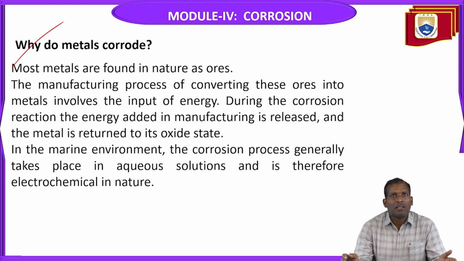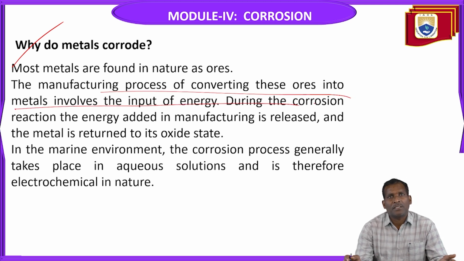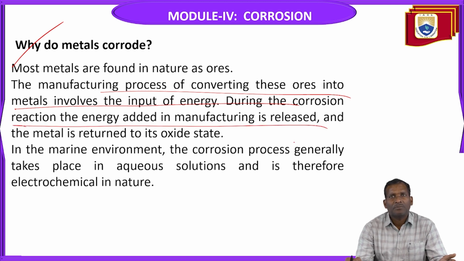Most metals found in nature are ores, like iron ore. The manufacturing process of converting these ores into metals involves an input of energy. So, during the corrosion reaction, the energy added in manufacturing is released and the metal is returned to its oxide state.